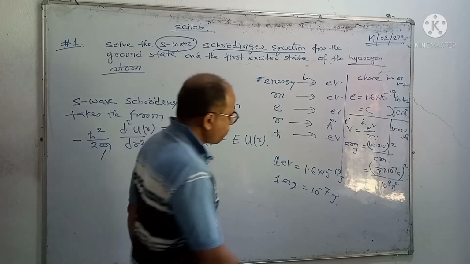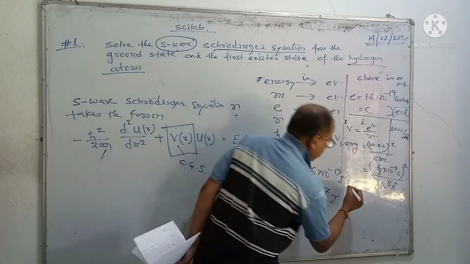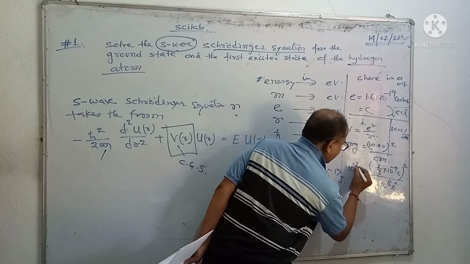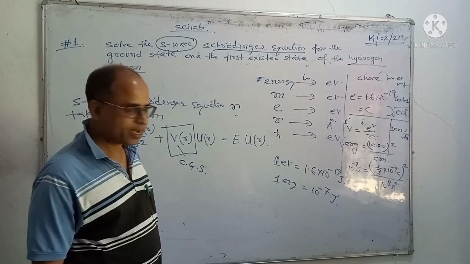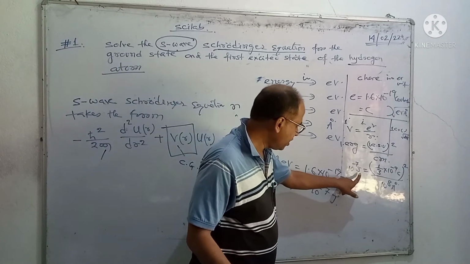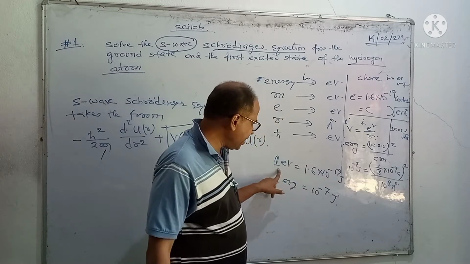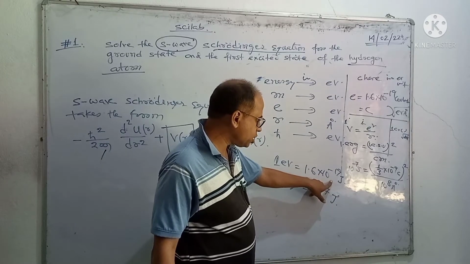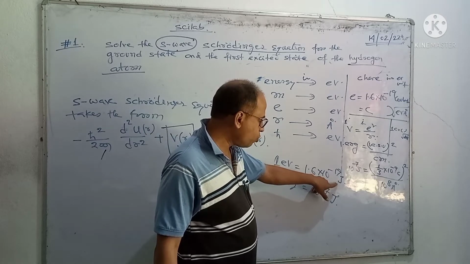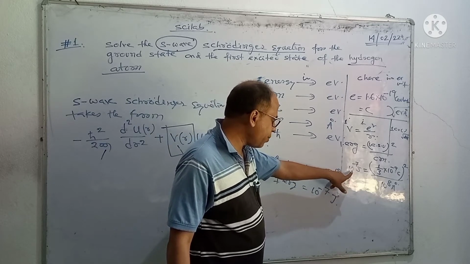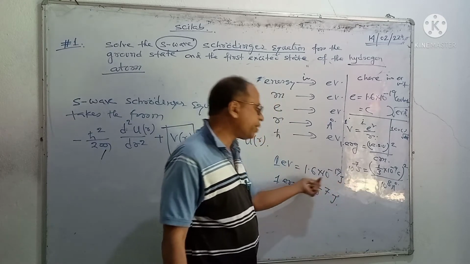Right? Therefore, put it here. It is 1 erg. Therefore, 10 to the power minus 7 joule. Right? But still you have to go to the electron volt. Now, 1 electron volt is equal to 1.6 into 10 to the power minus 19 joule. Therefore, 10 to the power minus 7 joule is equal to 10 to the power minus 7 divided by this.